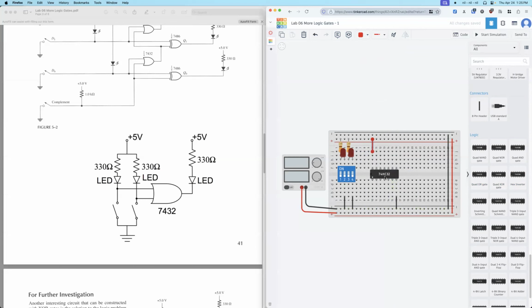Okay, so this is power and ground. Then for the 32, we know pin 1, pin 2 are inputs. Pin 3 is the output. Okay, so then pin 1 and pin 2, so let me change the color. I usually use green. Oops. Over here.